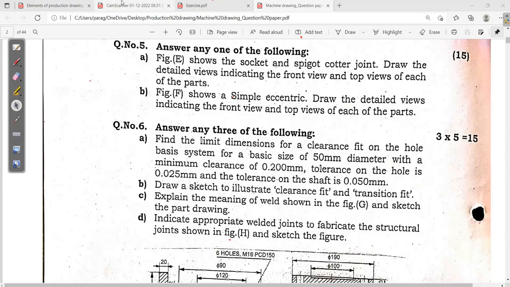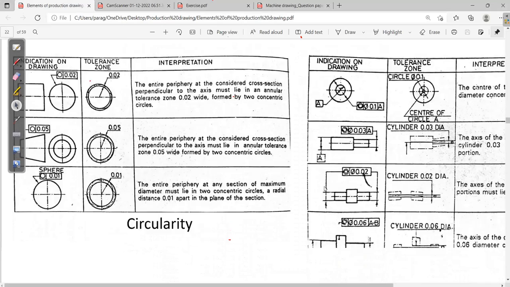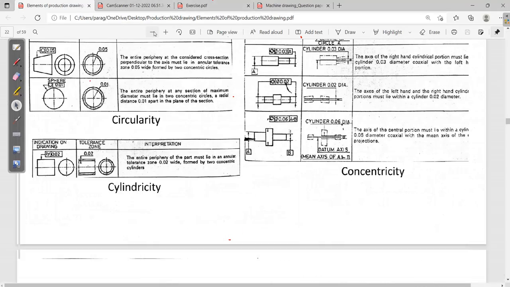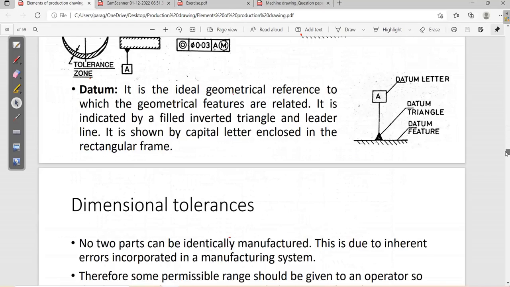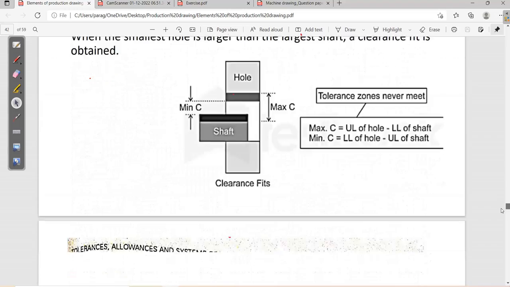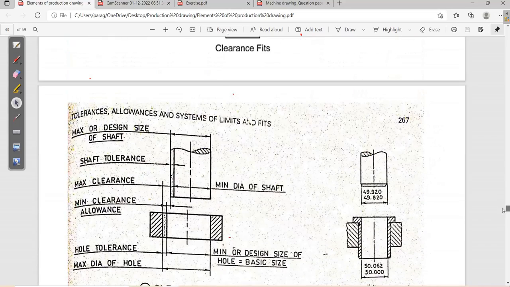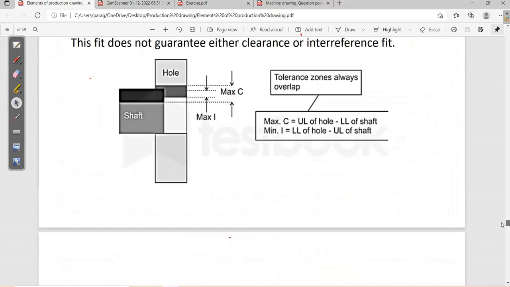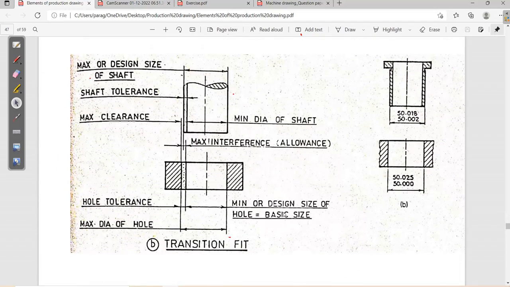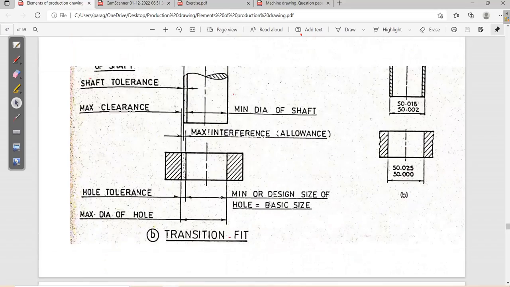So this thing you should draw. The clearance fit diagram you should draw, and next, interference, this is transition fit. Both you have to draw.